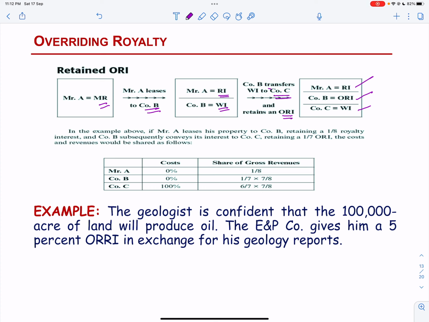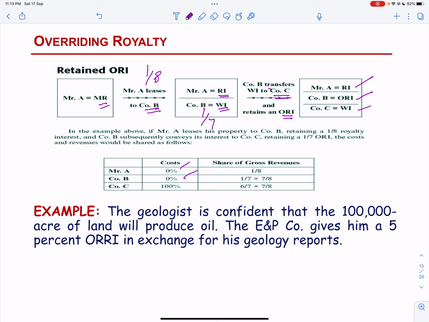So in this example, if Mr. A has leased his property to B after retaining 1/8 of royalty interest, and B subsequently conveys to C retaining 1/7 of the royalty interest, the cost and revenues are going to be shared as follows. A and B, both of them, are going to share 0% of cost.